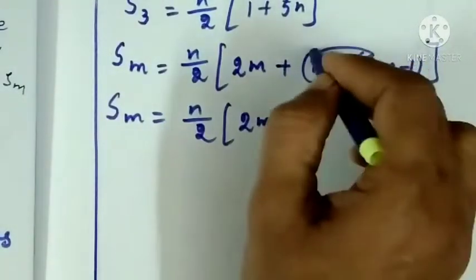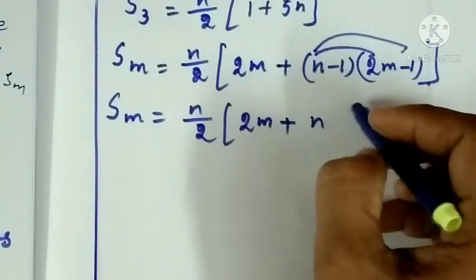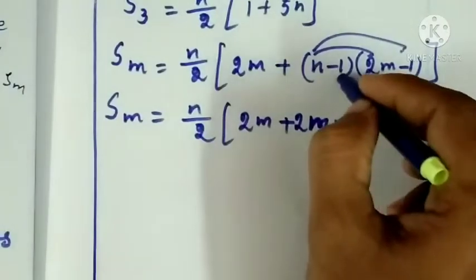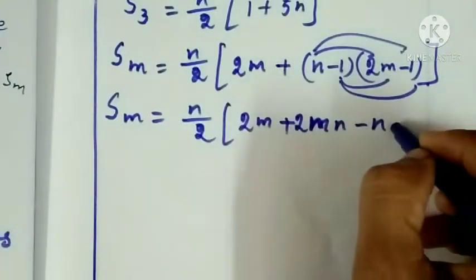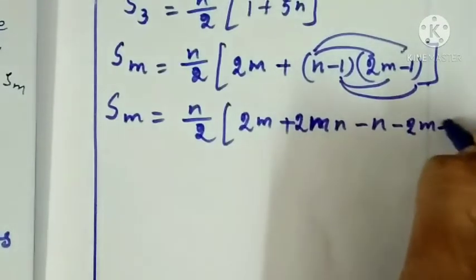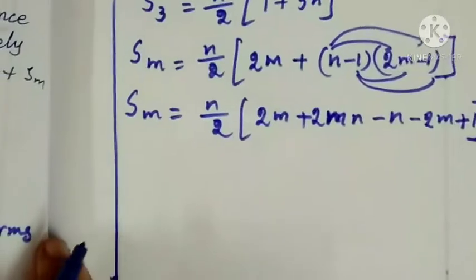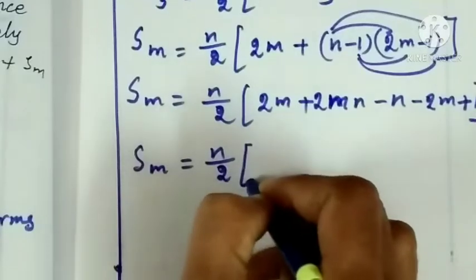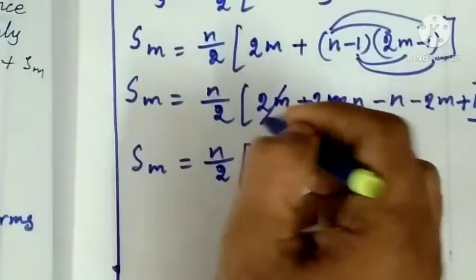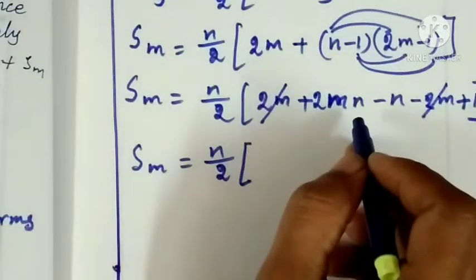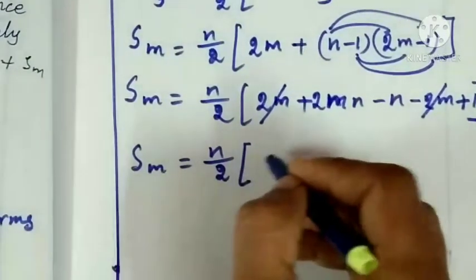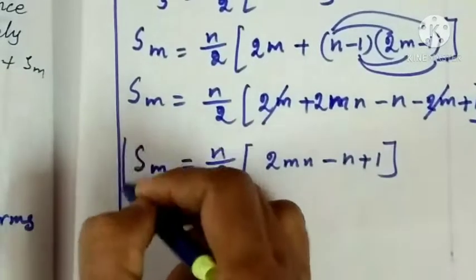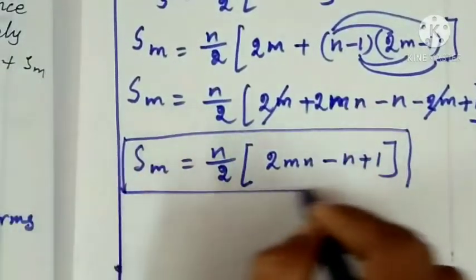Now you have to multiply, and we get 2mn minus n, then minus 2m plus 1. Now you have to simplify the like terms, that is Sm is equal to n by 2 into, plus 2m minus 2m cancel. Therefore we have 2mn minus n plus 1. This is the Sm term.